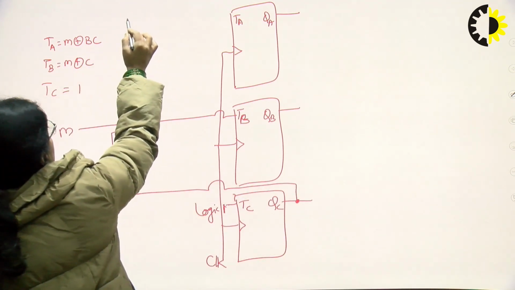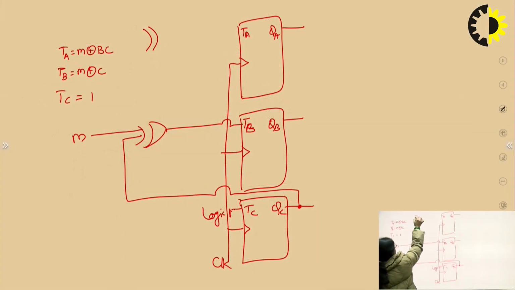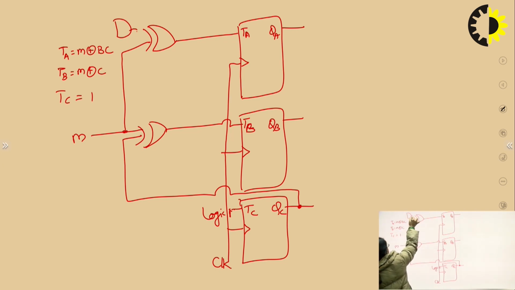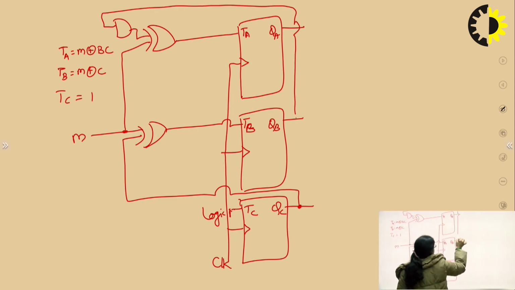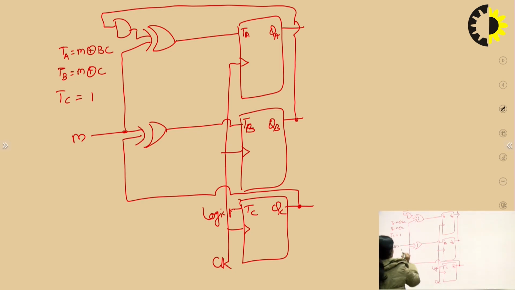In case of TB, okay, so for this we have B and it is C. So in this way we will have a 3-bit up and down counter.